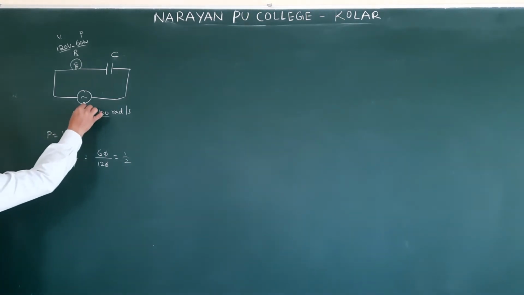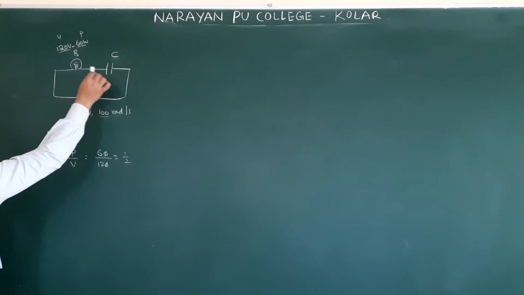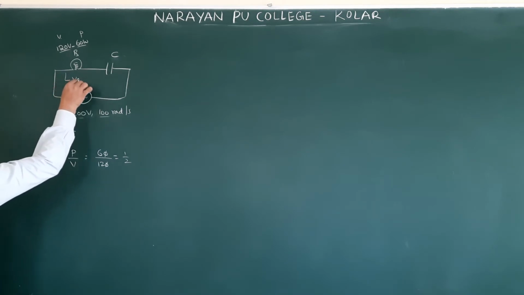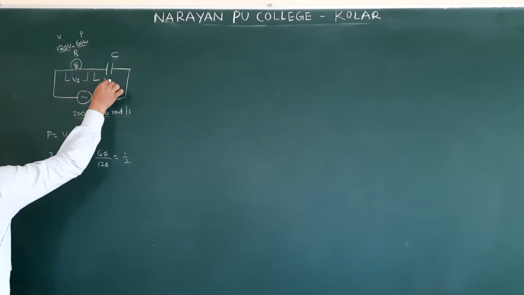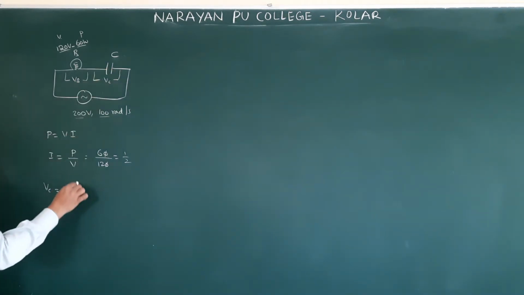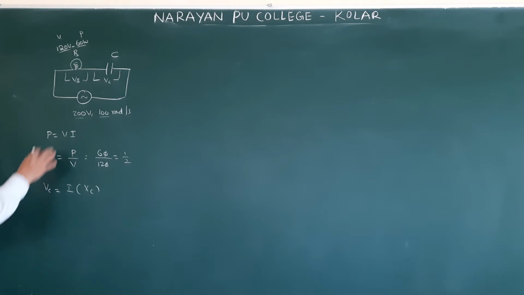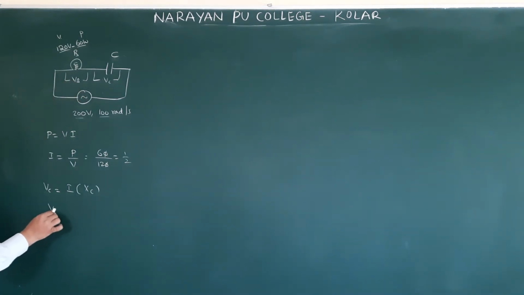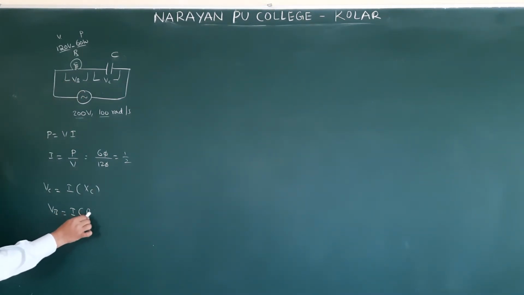Now this voltage is connected for both bulb and capacitor. Therefore voltage across bulb VB, voltage across capacitance VC. Correct only? So VC is equal to current into resistance of capacitance. What is the resistance of capacitance? XC. Next, VB is current into resistance of the bulb.